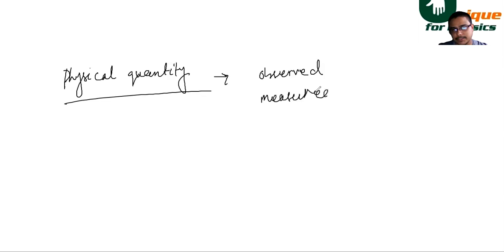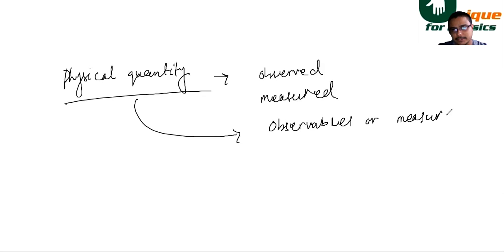That's why we can also call these physical quantities, in alternate words, observables or measurables, because we can measure them and we can observe them.